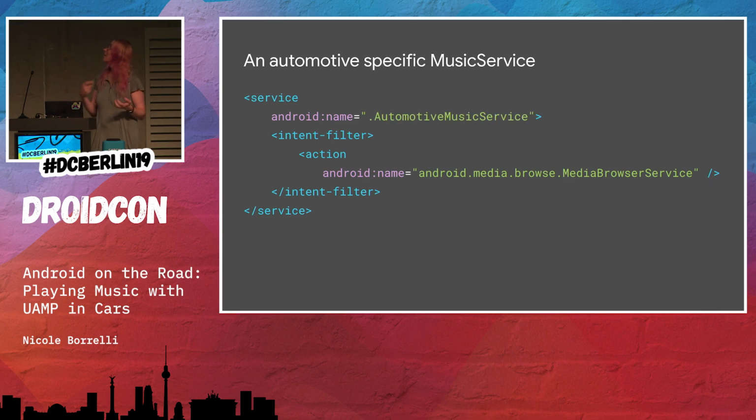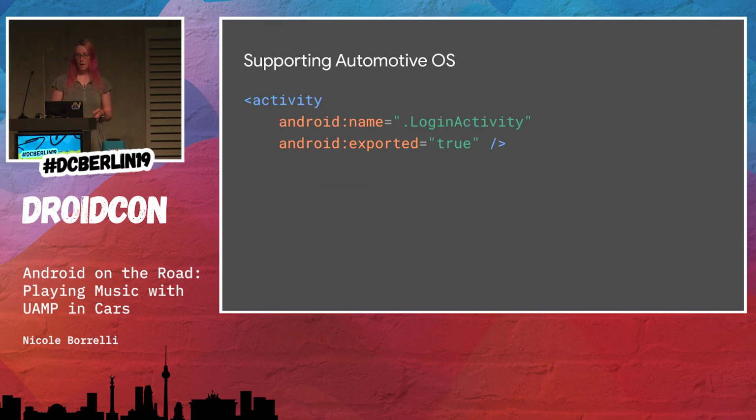So I created an automotive music service. It just extends the music service from our common class, but then I could add some methods here. I also added an activity to our manifest so that I could do login.